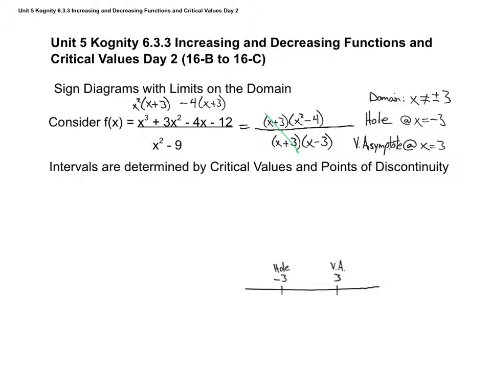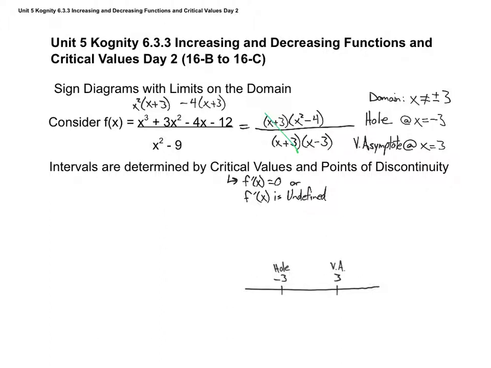So now I need to find the critical values. Critical values, remember, are where f prime equals 0 or f prime is undefined. We haven't run into one where it's undefined yet, but we will here.